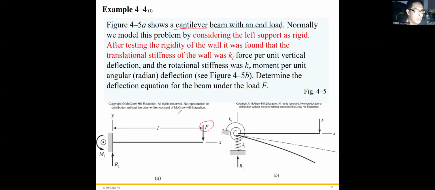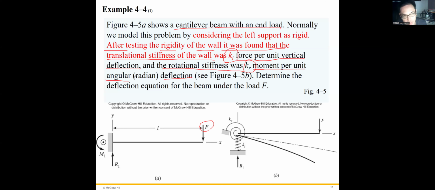The question mentions that after testing the rigidity of the wall, it was found that the translational stiffness of the wall was Kt, which is the force per unit vertical deflection, and the rotational stiffness was Kr, the moment per unit angular deflection.